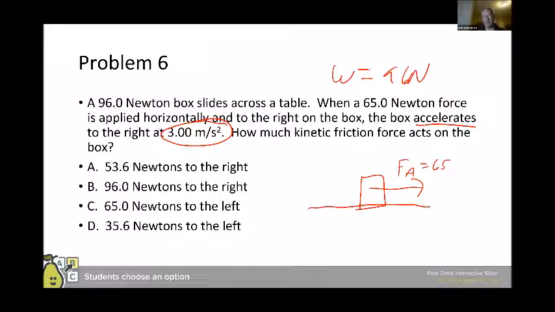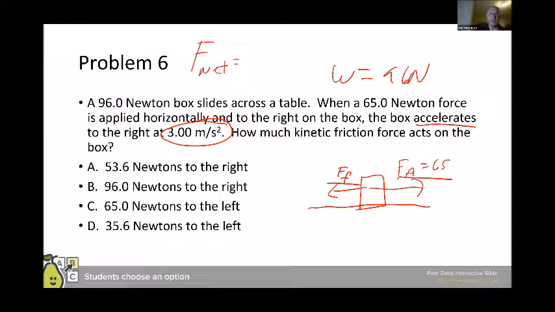So we got to do a little bit of a derive an equation kind of thing here. Because here's what we know. The net force is going to be the difference between this applied force and this frictional force.